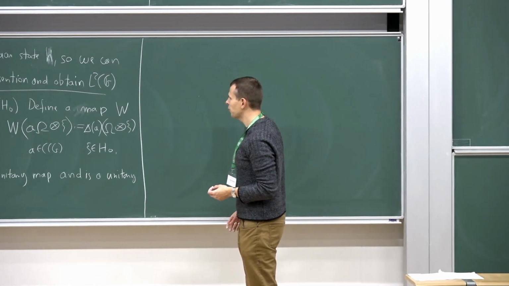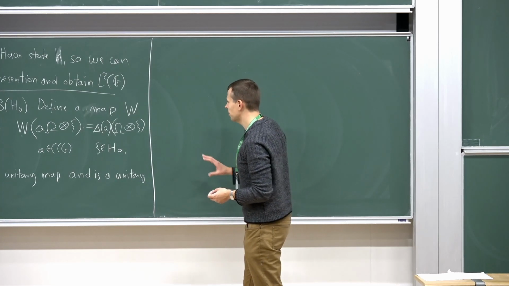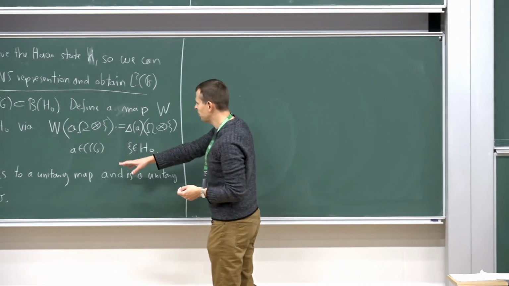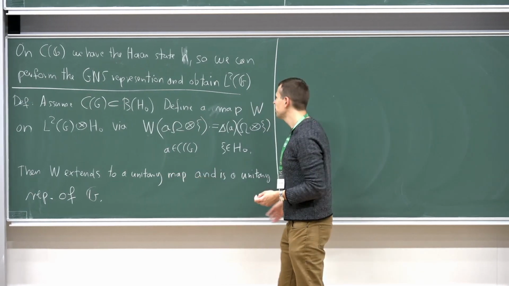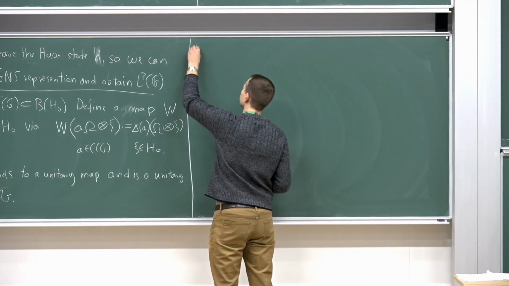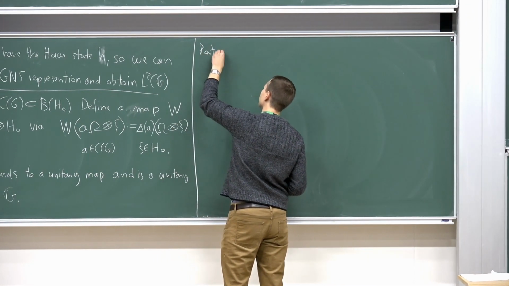I will not really give the proof. I will perform some computations, maybe suggesting why it's a unitary map, but not give the other steps.